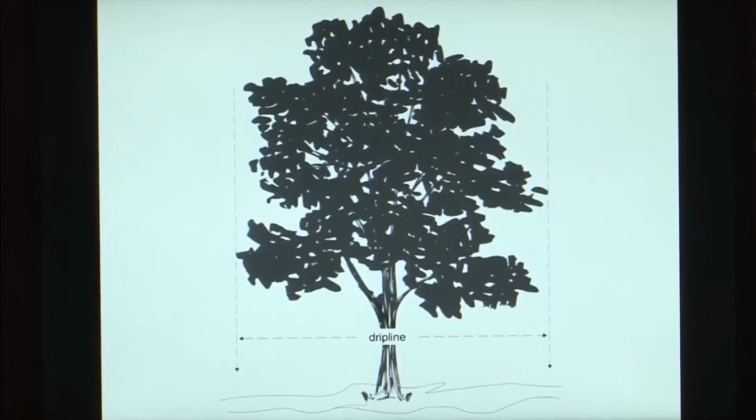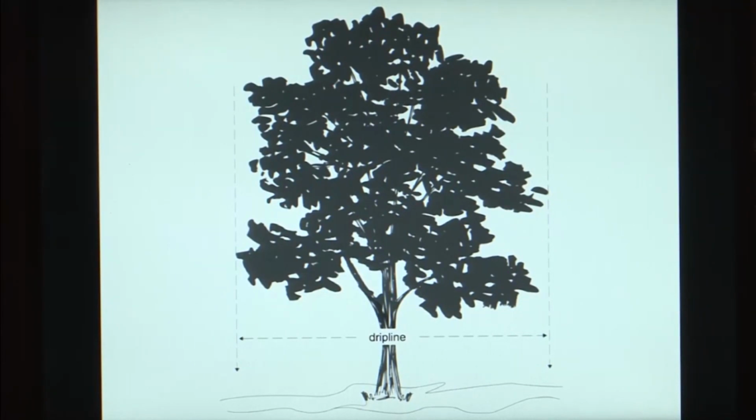So, this is how you are going to measure it. So, how do you get this drip line? To get a drip line, you go under a tree and you figure out which is the most outermost branch, and from that branch you can either physically or mentally put down a plumb line. A plumb line is essentially a thread with a weight beneath it, so that it is kept vertical.